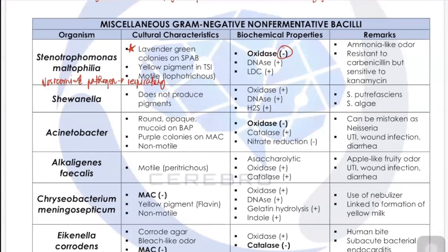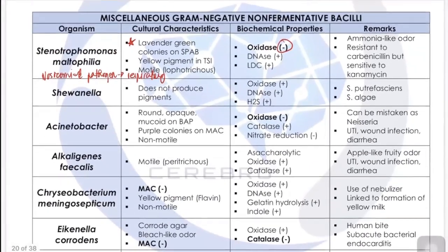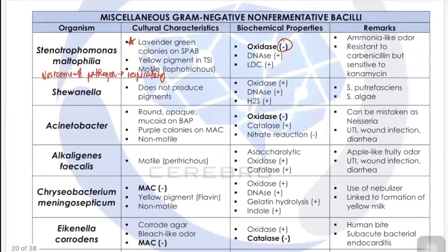Katulad ng ating Pseudomonas aeruginosa, no, katulad ng ating Burkholderia species. So they are expected to be oxidase positive. That's why I highlighted those that are oxidase negative. Okay? So it also has an ammonia-like odor and it is resistant to carbenicillin but sensitive to kanamycin. Okay? Another thing pala, tatandaan din natin, no, that Stenotrophomonas maltophilia also grows at 42 degrees Celsius.